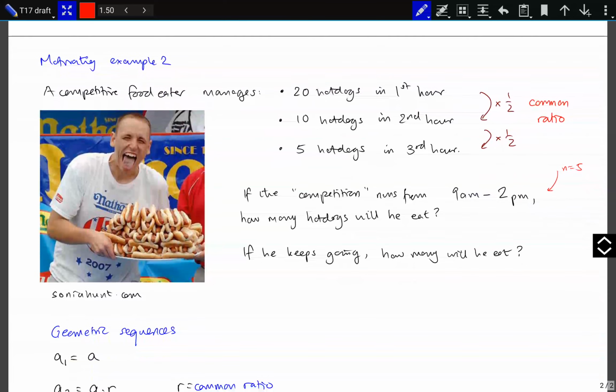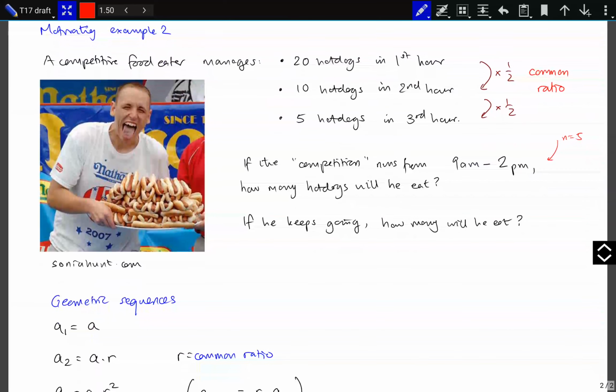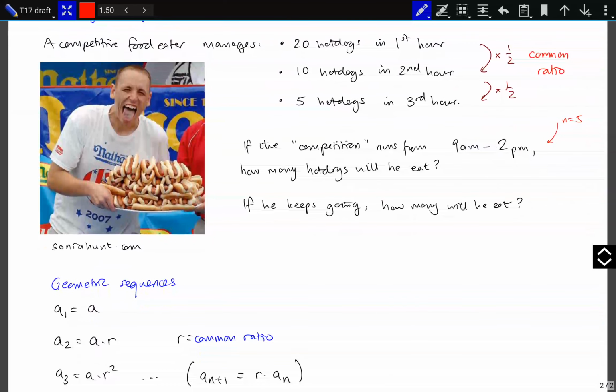Well, we'll find out. A geometric sequence is like an arithmetic sequence, but instead of adding each time, you multiply by the common ratio r. In our case, the first term is 20, the next is 10, and so on. The common ratio in general could be positive, negative, even 0 or 1.